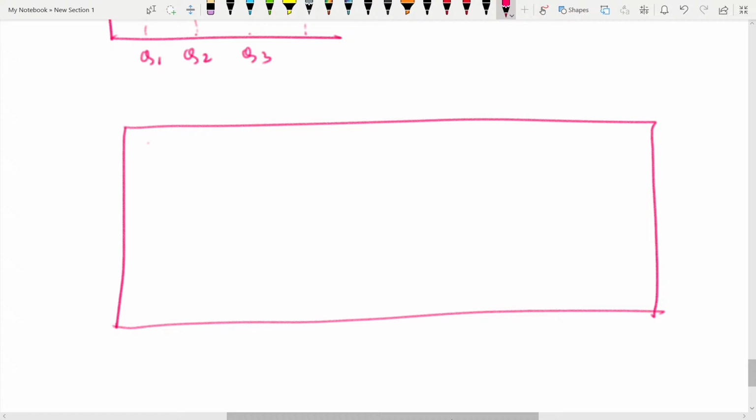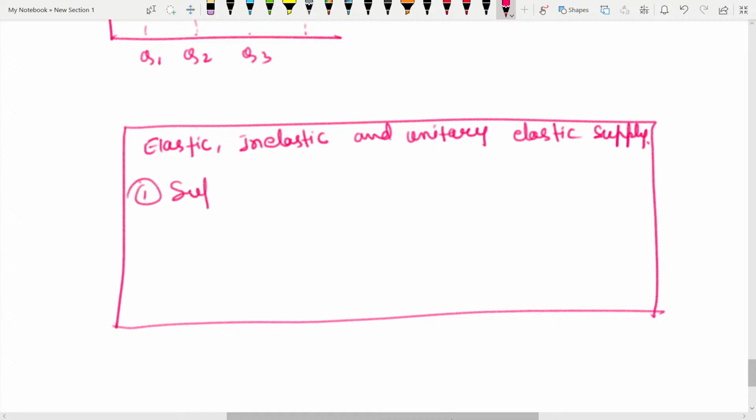Number 1, supply is said to be elastic when ES is greater than 1.